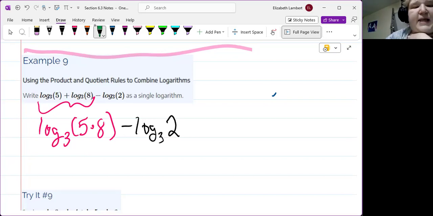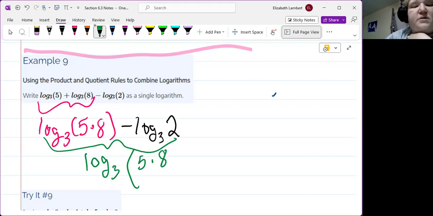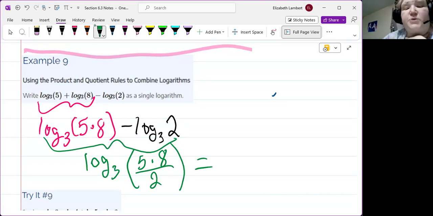And then I know what that minus sign means. That means a fraction. So 5 times 8 divided by 2. 5 times 8 is 40, divided by 2 is 20. So this is log base 3 of 20.